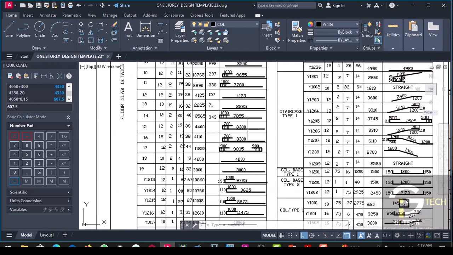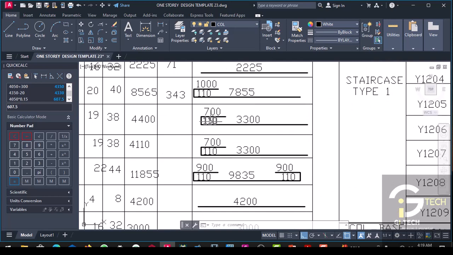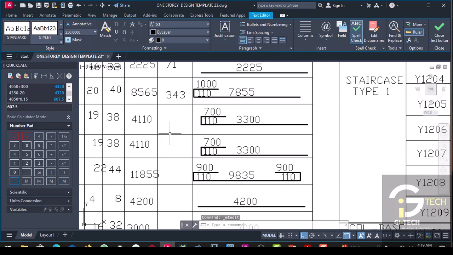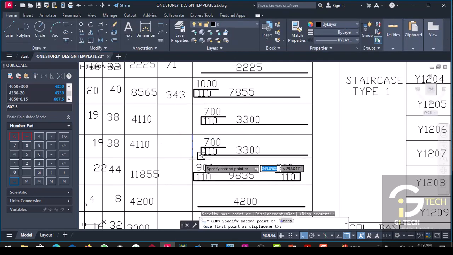When you add this up together, you have 4110. So let's quickly calculate the total reinforcement.